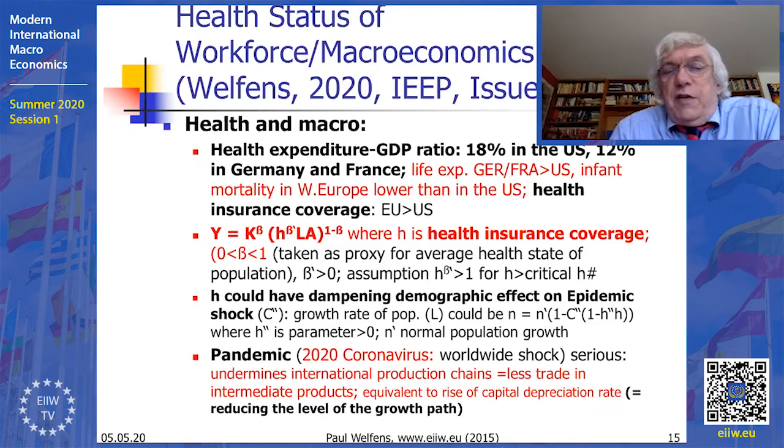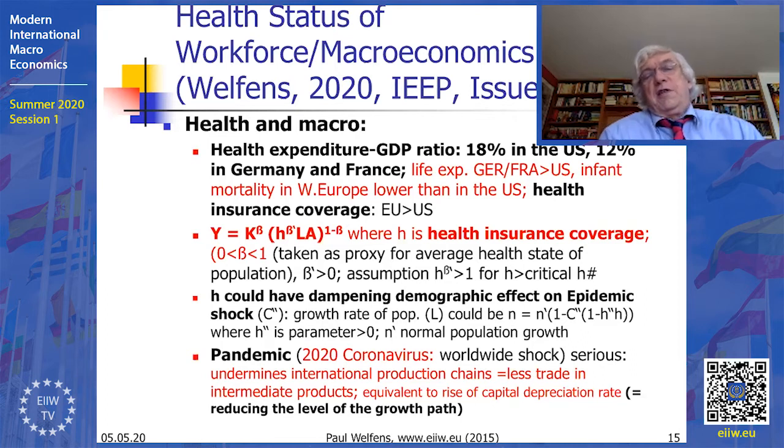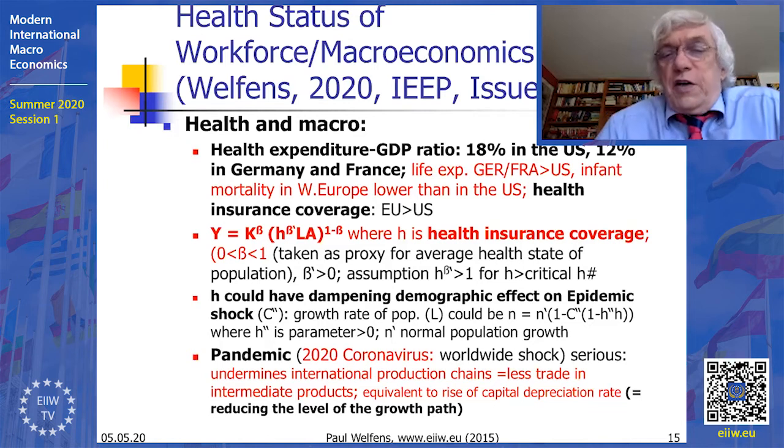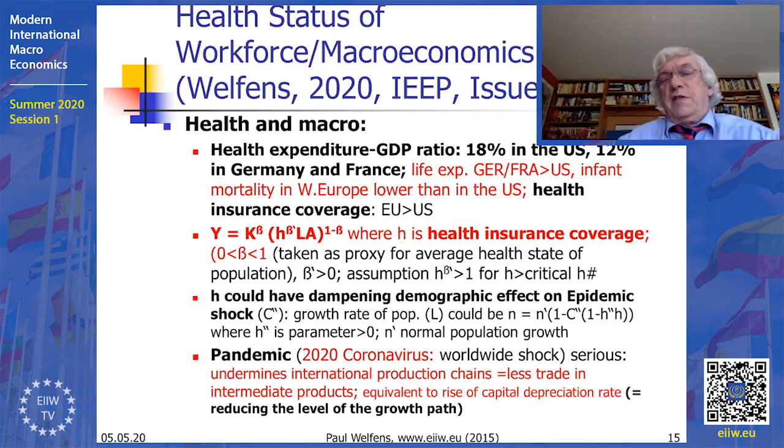Okay, if you have a less reliable import of intermediate products, then this undermines the international production chain, and we can say obviously this amounts in economic terms to a higher capital depreciation rate, because if you do not have certain imported intermediate products which you normally would use, then part of your machinery and equipment actually cannot be used.